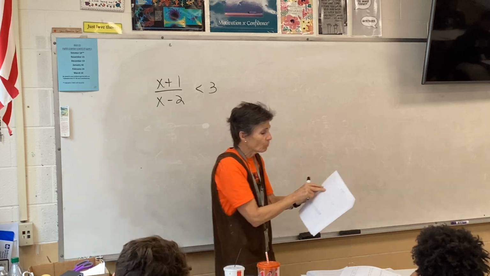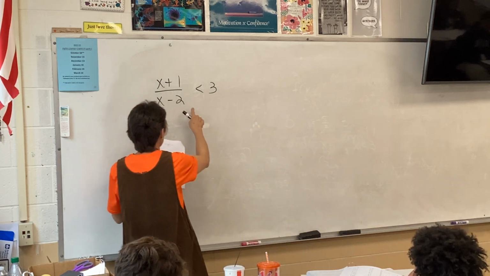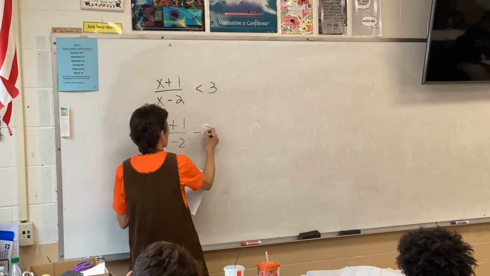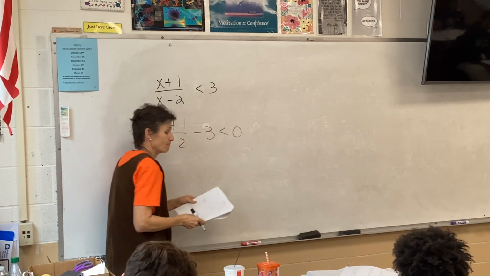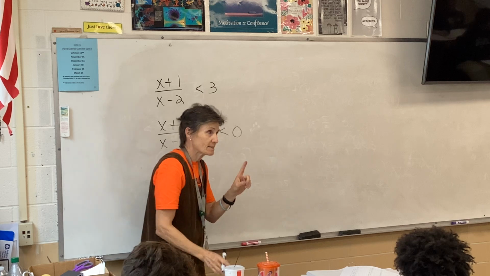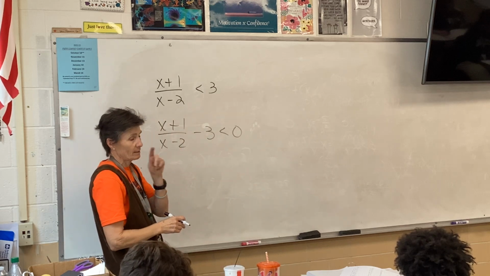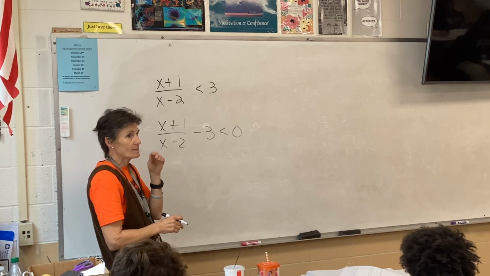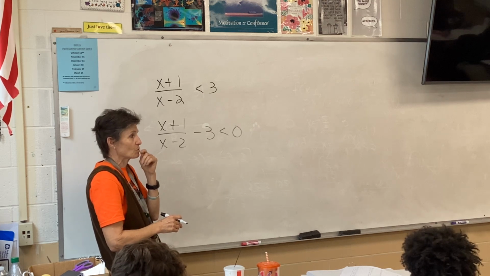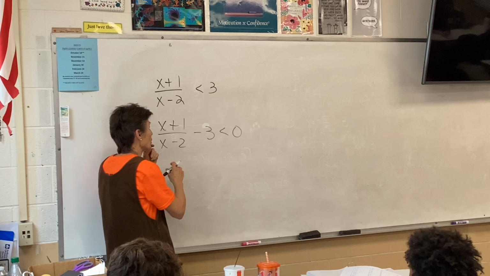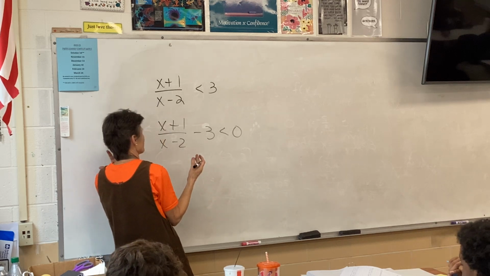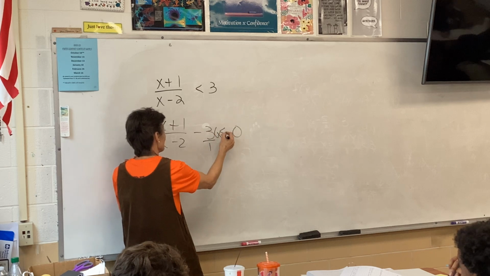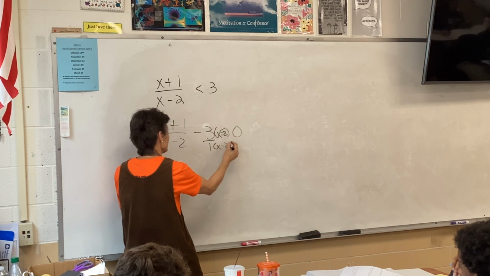So before we do anything else with this problem, let's move the 3 over to the other side. Now, we're doing this problem without a calculator, guys. So 0 is probably the best way to go. Get a 0, even though you're thinking, oh man, really? I need a common denominator now? Yeah, we'll just get a common denominator.